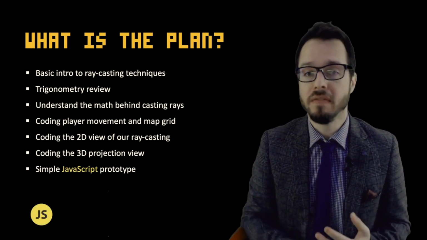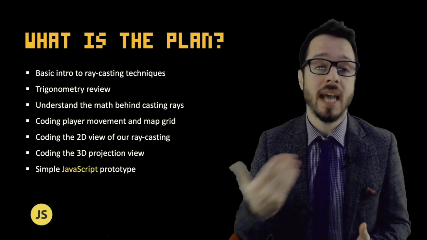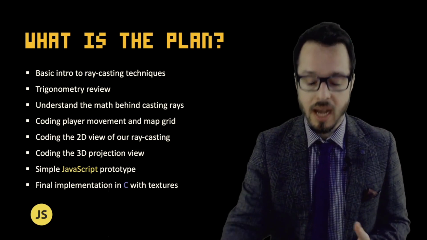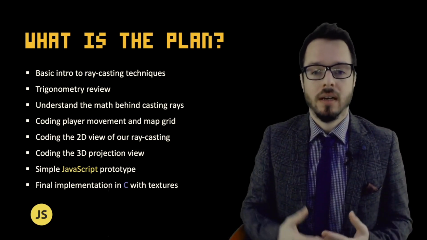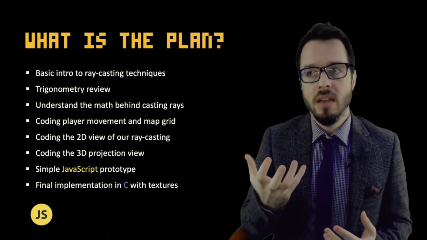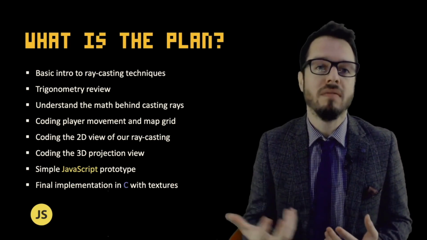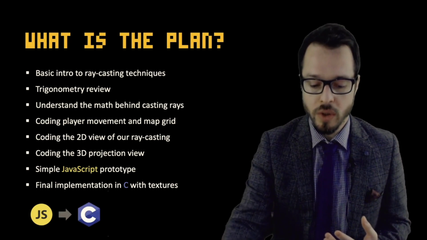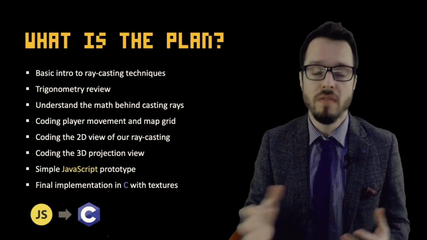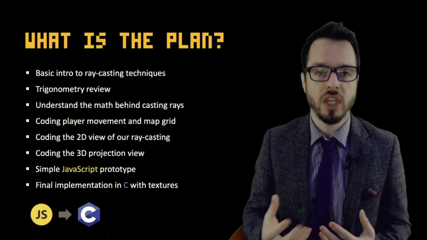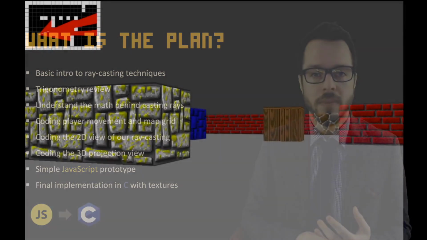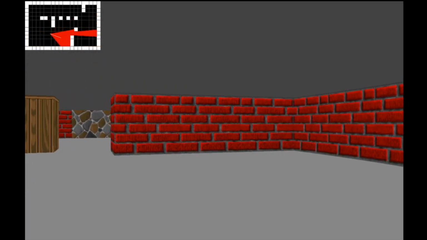So JavaScript is going to be the first part of the course, and in the second part of the course, I'm going to use a proper language. I'm going to use C. C is very good because it forces us to think about the low-level details of things. We're going to evolve from JavaScript to C, and in the C implementation, we are actually going to use textures, maybe shading effects, lighting.